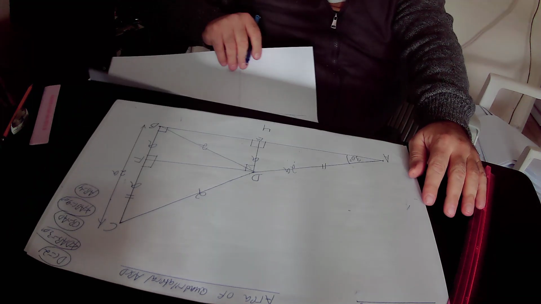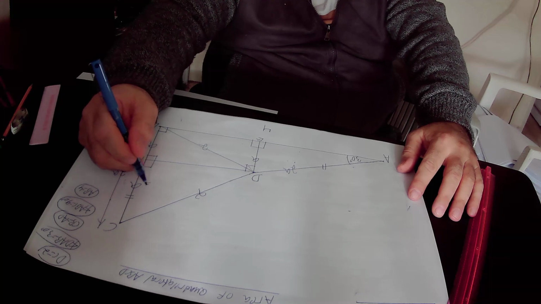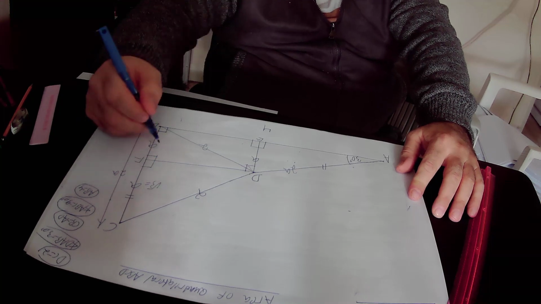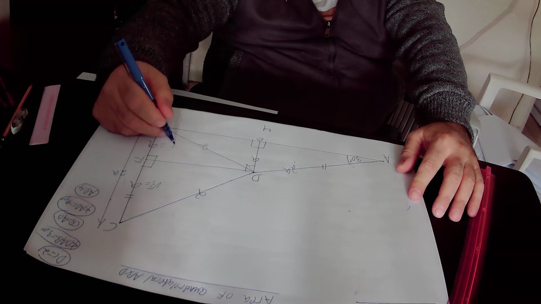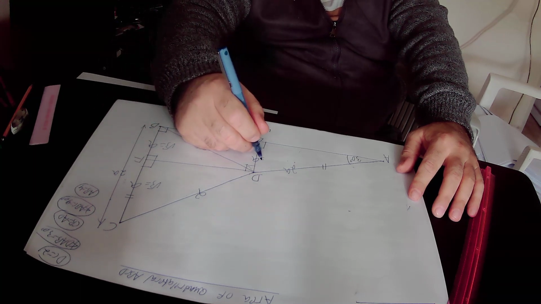So we can write here that a equals square root of 3 units. Also here a equals square root of 3 units. And here also a equals square root of 3 units.